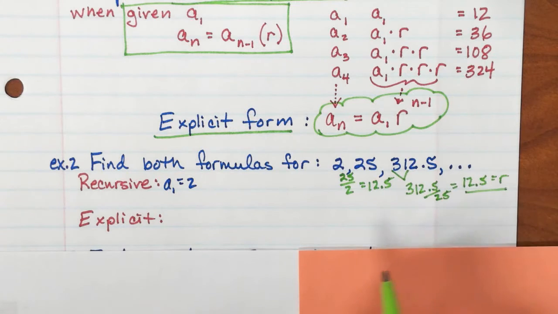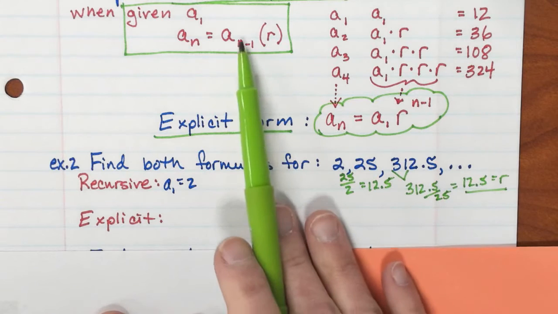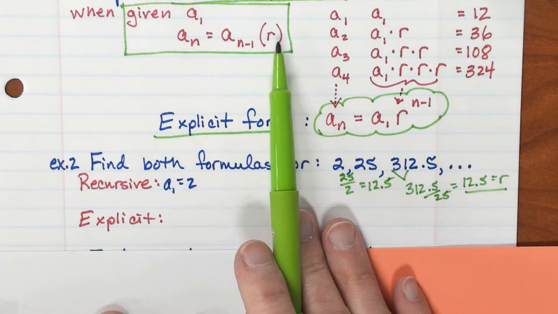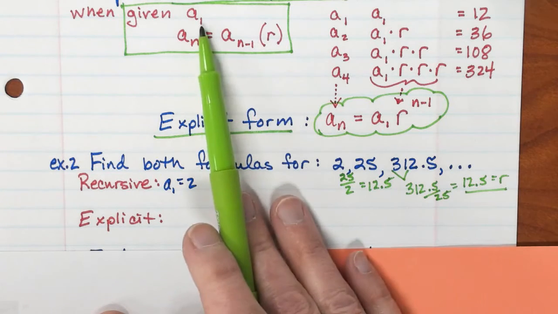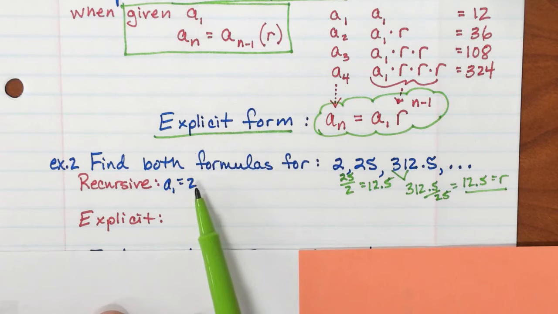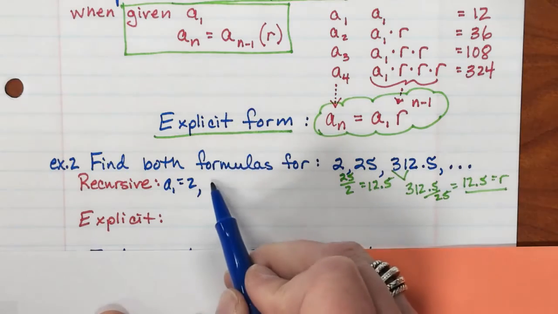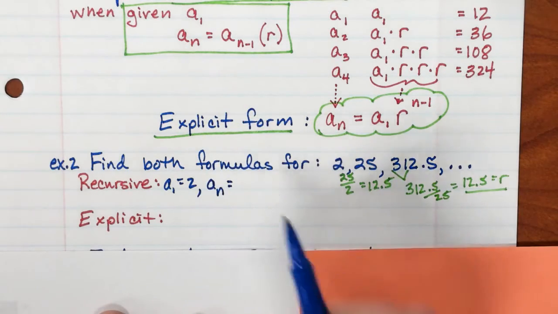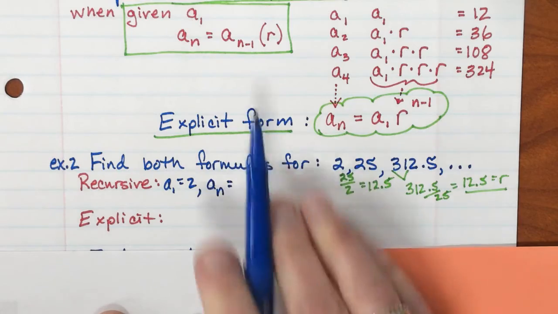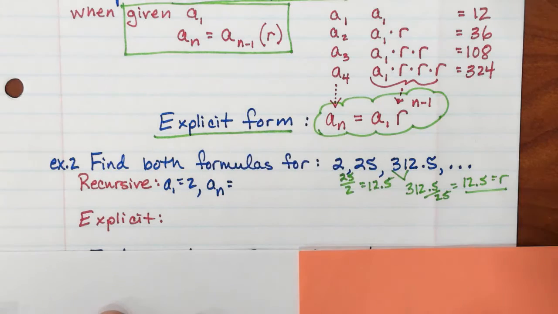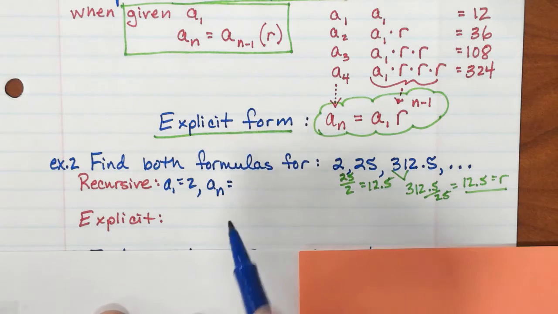So for the recursive formula, you're going to have the previous term times the ratio. Here we have the first term, we're given a sub 1, and then a sub n equals the ratio times a sub n minus 1, which is the previous term.